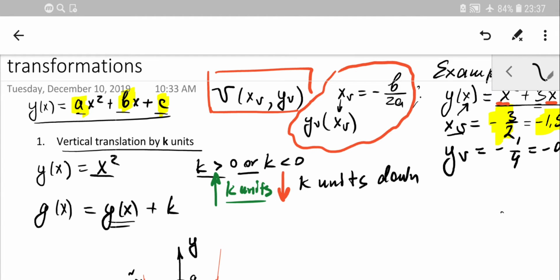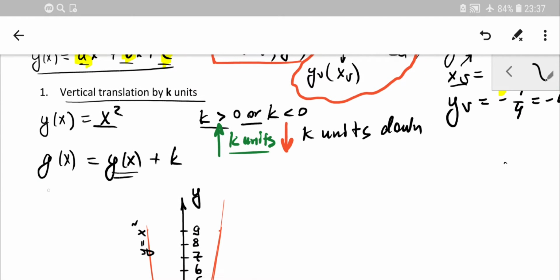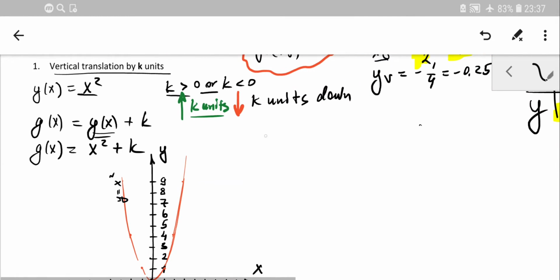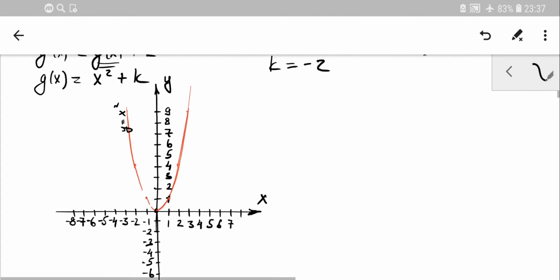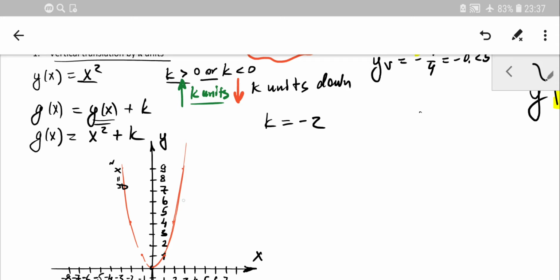And now let's explain what is actually happening. So you have your g function, g of x, which is simply x squared plus k. For simplicity, I'll take k equals, let's say, -2, and I just want to calculate what will happen with your basic parabola if k equals -2. So we just create a table for x values.